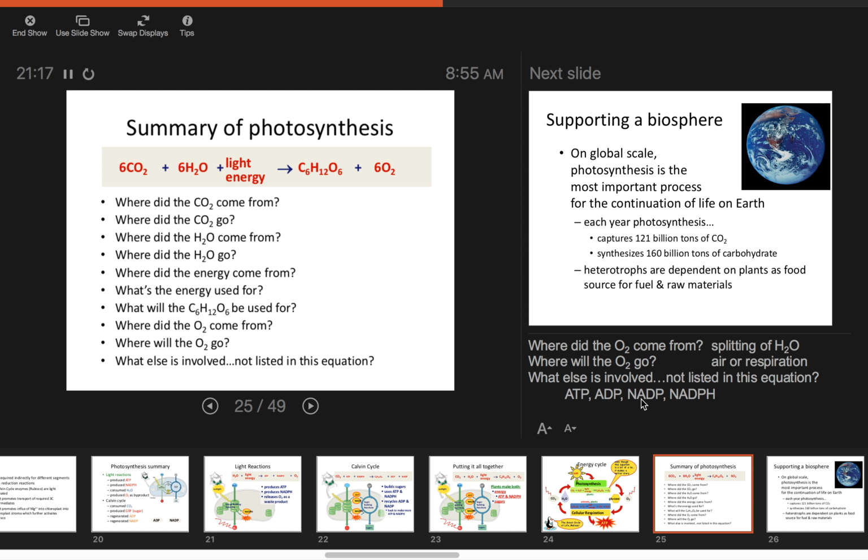Say that again. Wait. Starts with NADP+. So it starts with NADP+. Yep. And then it picks up the electrons in the light-dependent reactions, and then to make the glucose, it becomes NADPH to turn into NADP+, and then it goes back. So it's actually on both sides of the equation, depending on how you look at it. That's why they're not in the equation.